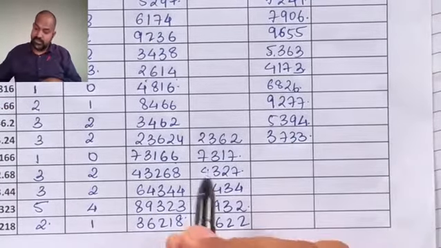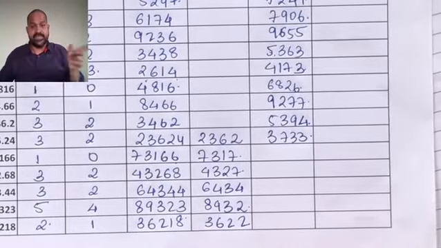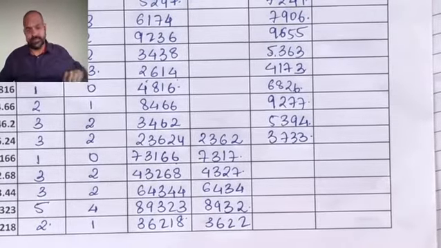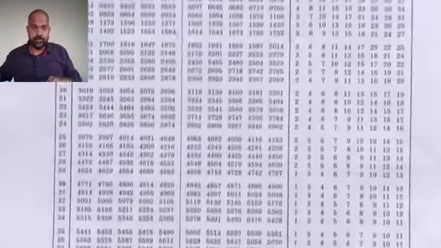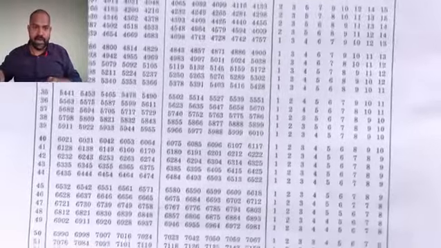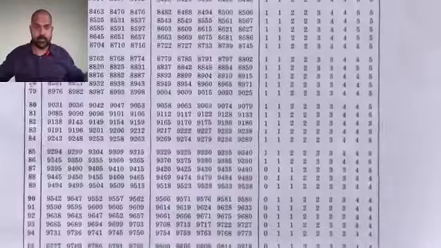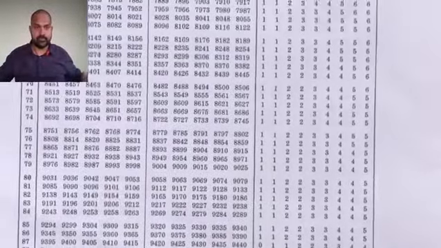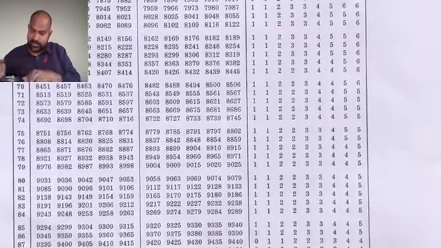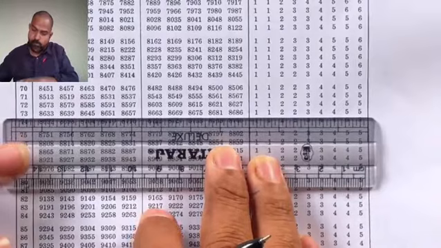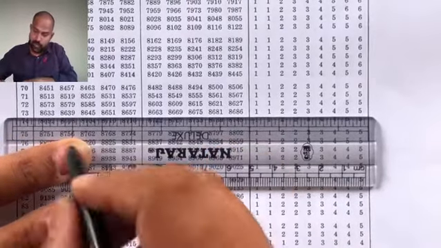Let's go to the next. 7317. In 73, I will look for 1 and in that I will look for 7. So in 73, 1.